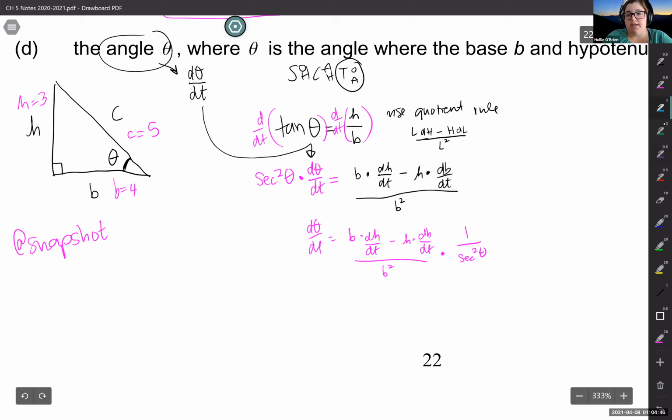You know, secretly, 1 over secant squared theta is the same thing as saying cosine squared theta. So if we can figure out what cosine is, we're ready to plug and chug, because we know all the other things.